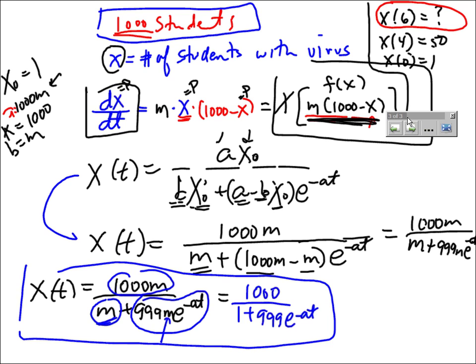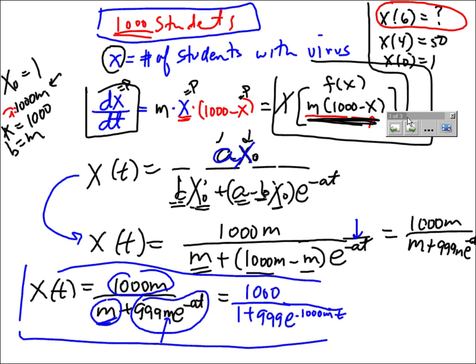From this line to this line, I substituted in what a was and what x0 was. Or did I? Over there I did not. I can plug in what a is. A is 1000m. E to the negative a times t.